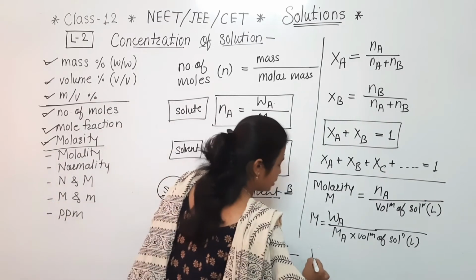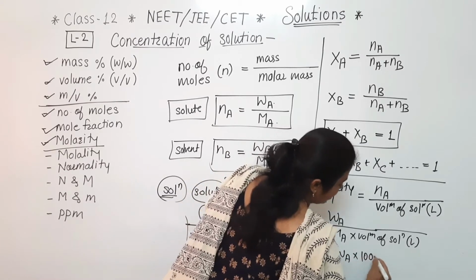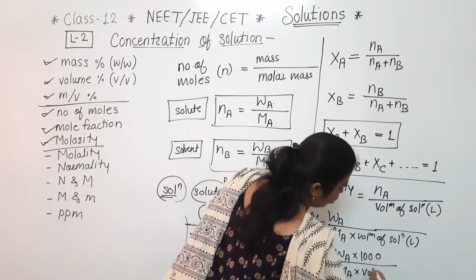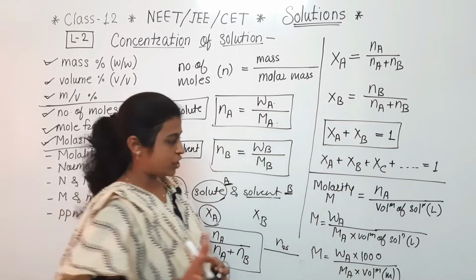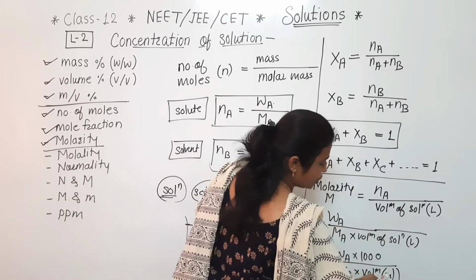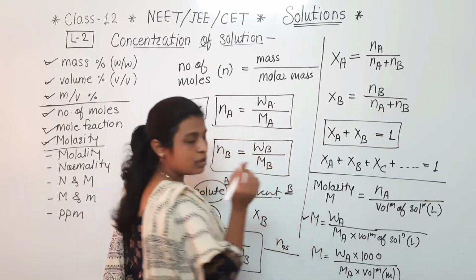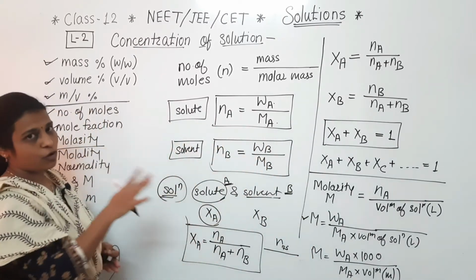We just have to change the formula like this: Wa into 1000 divided by Ma into the volume of solution in ml. Otherwise, you can change the volume of solution into liters and use the same formula. Hope you have noted all these terms and all these formulae also.